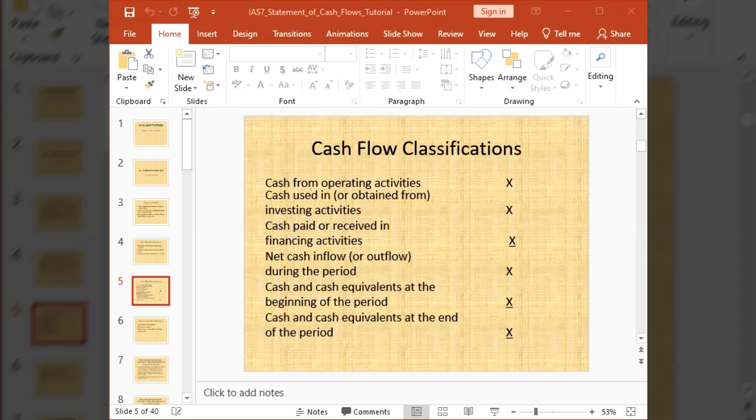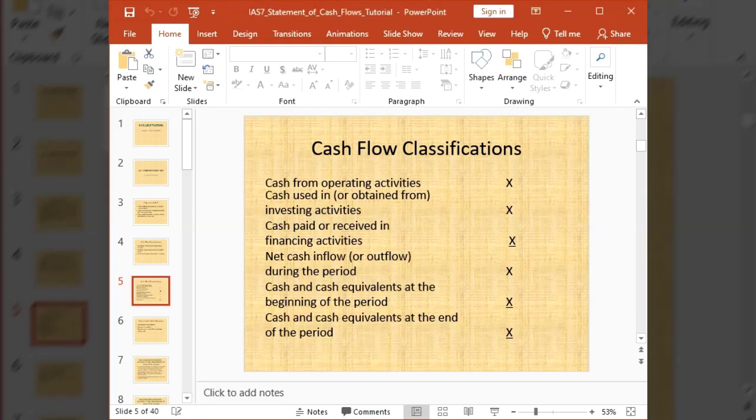So back to the statement of cash flows in line with IAS 7. I've presented a simple format showing you how the statement of cash flows is prepared.